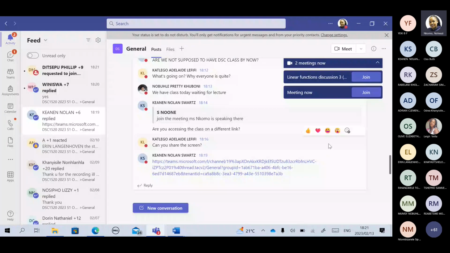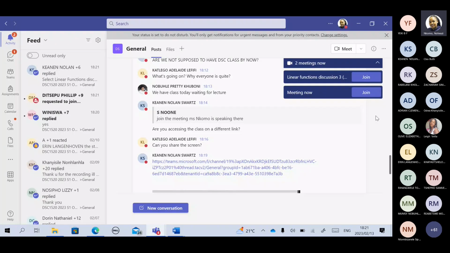And I've created the one for this week on Thursday again. It's DSC 1520 discussion 5, but in the brackets there's a date for that specific day. So people went to join our last discussion, and if you check the date on that last discussion, it's last week's date.